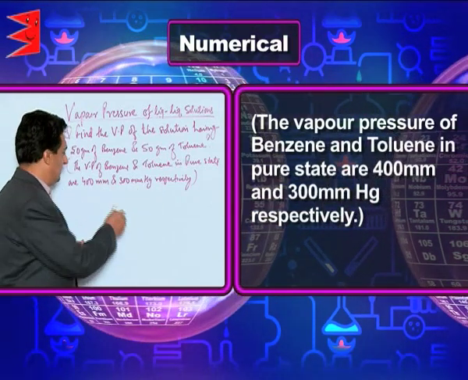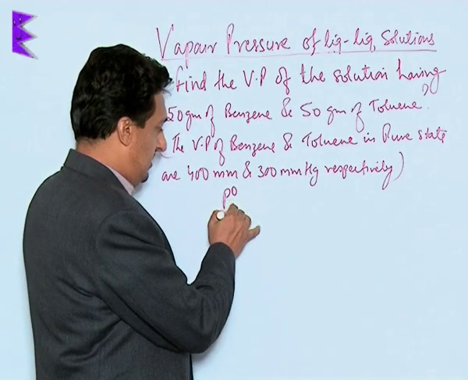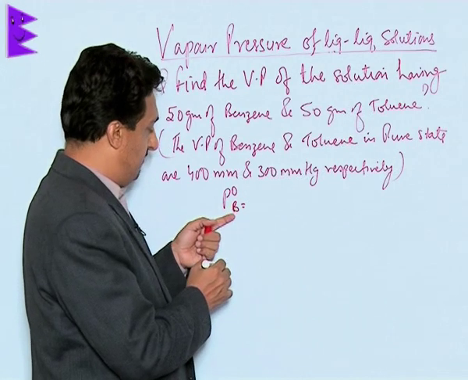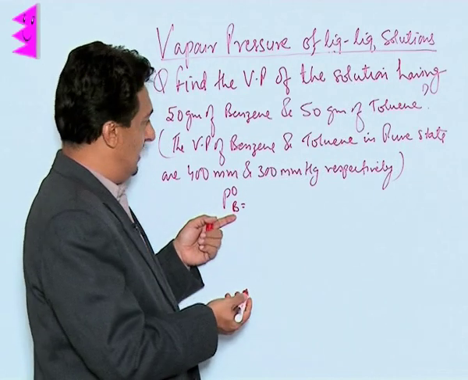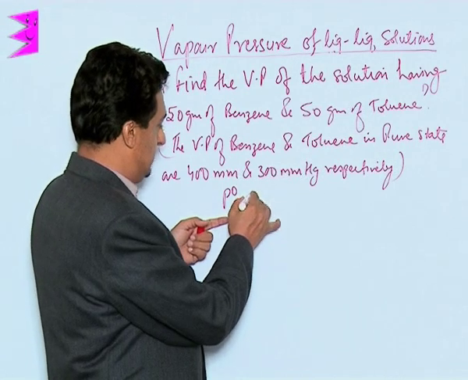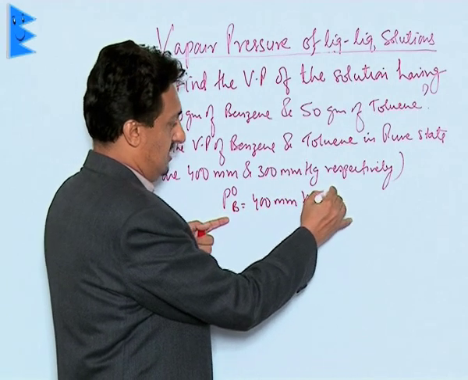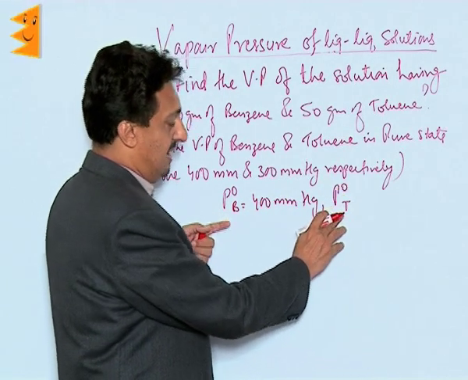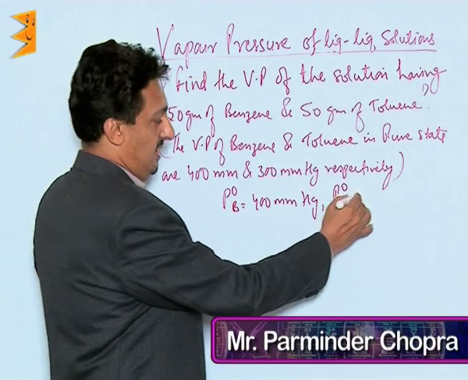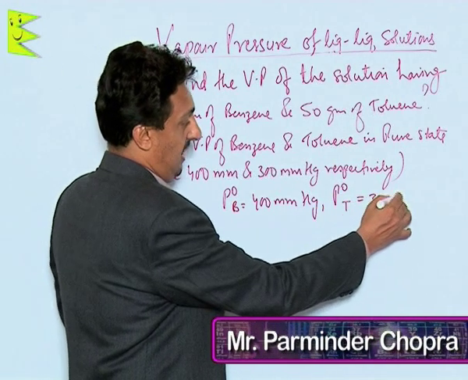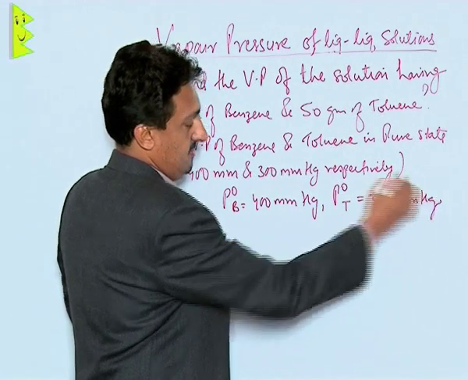So we are given that the vapor pressure of benzene, B meaning benzene, in the pure state is 400 mmHg, and that of toluene, for which I am taking T as the symbol, is 300 mmHg.